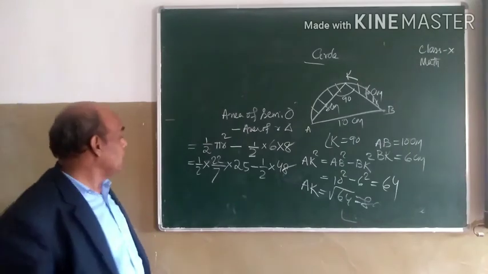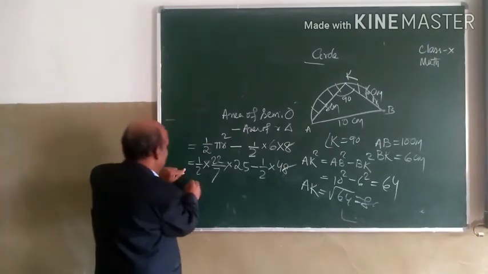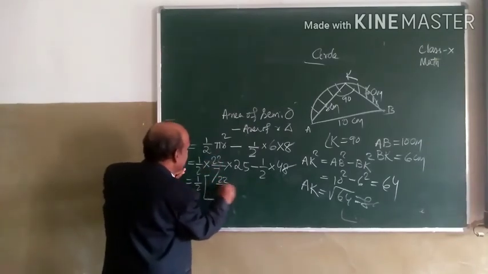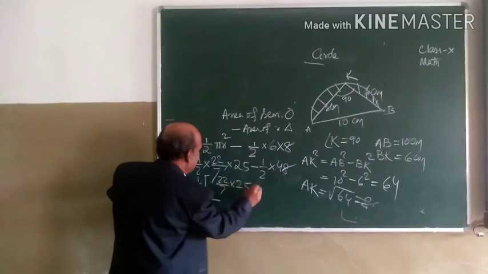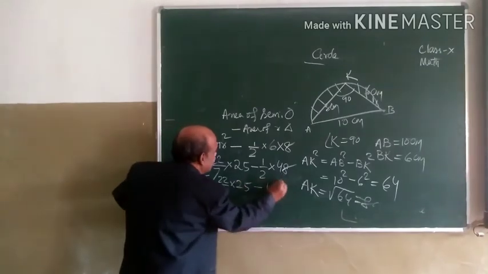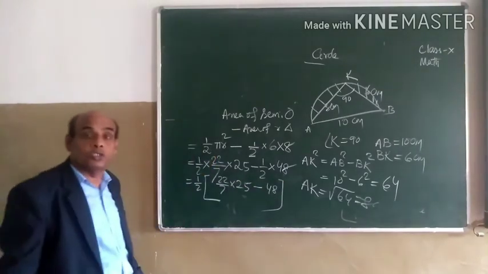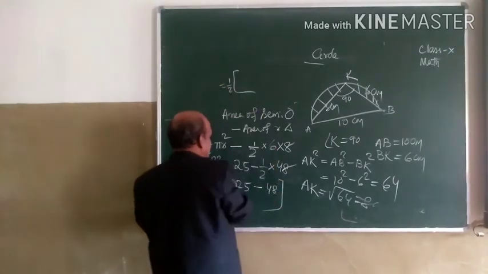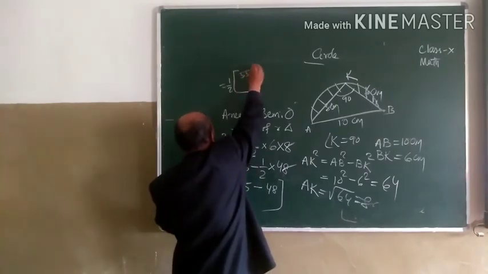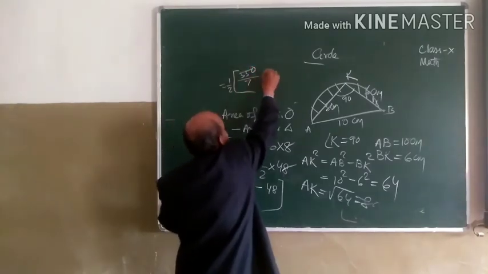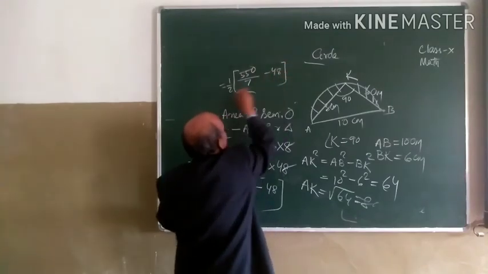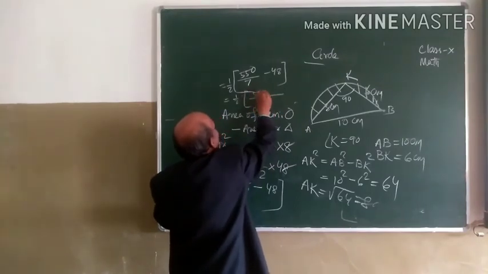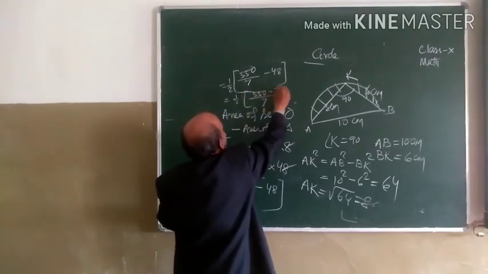Now if you take half common, you get half into 22 by 7 into 25 minus 48. So you get half into 22 into 25, 550 by 7 minus 48. Taking LCM 7, 550 minus 336.